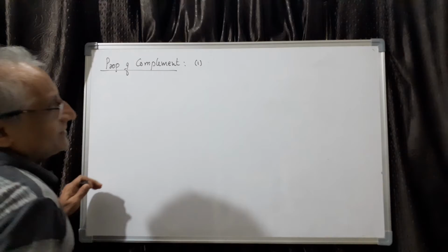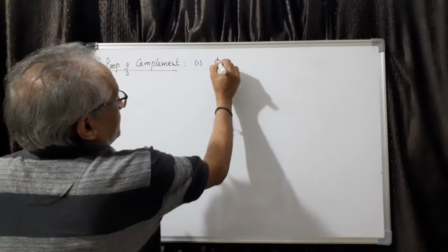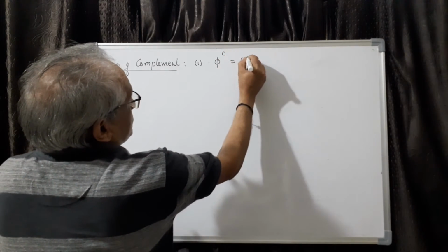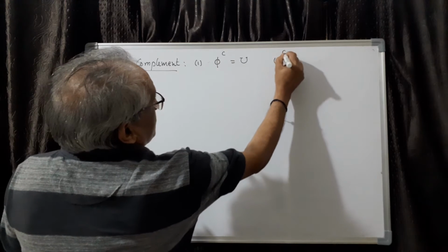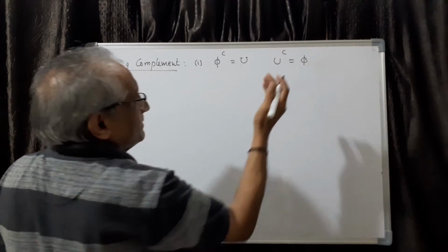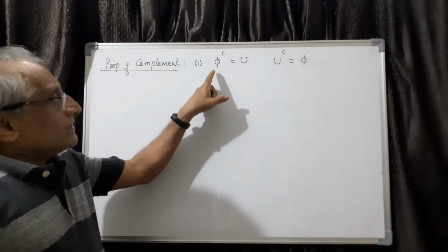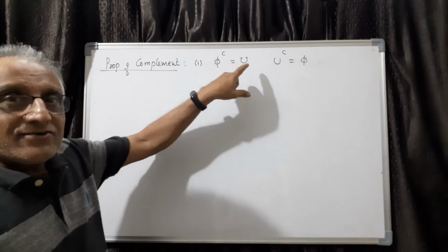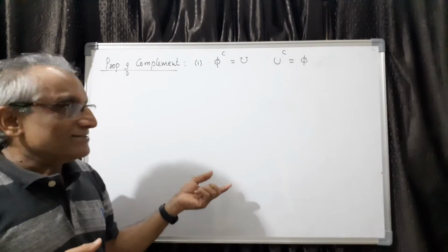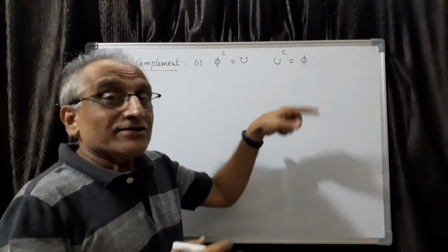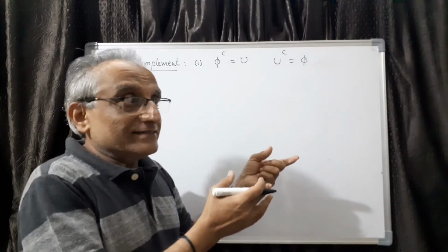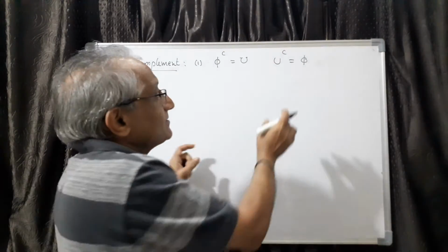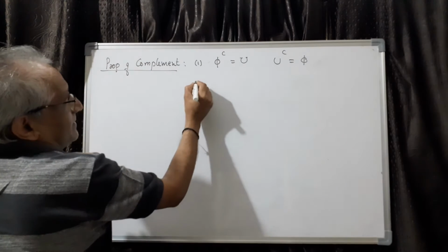First one is, see, phi complement is U and U complement is phi. This is a very simple relation. Whatever is not there in phi, I have to write. That means I have to write all the elements of U. Whatever is there in U, I should not write. So the universal set should contain all the elements. So it is phi.